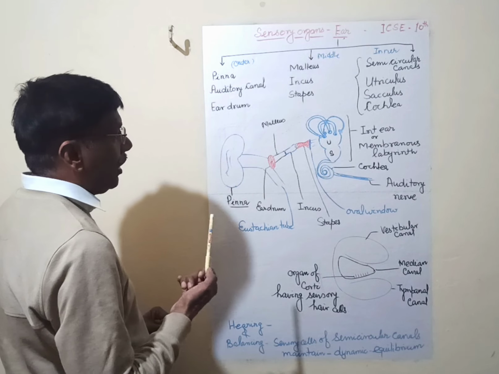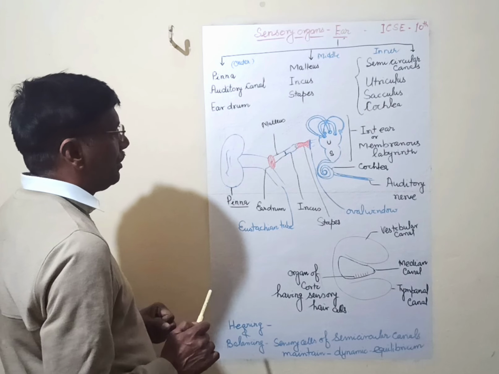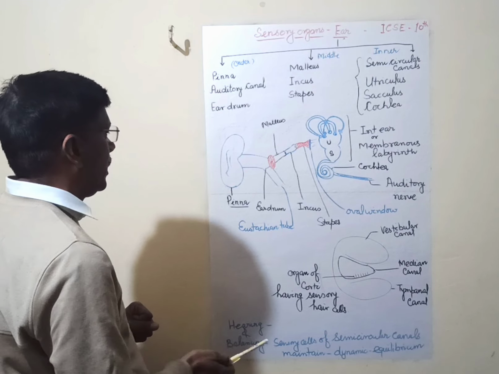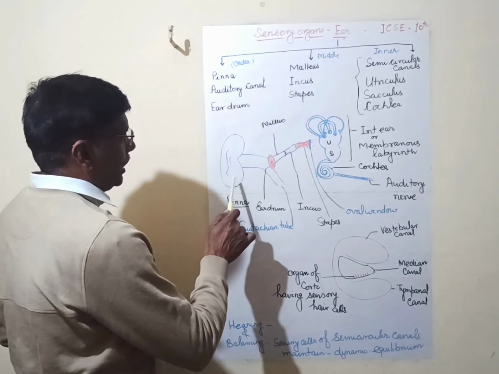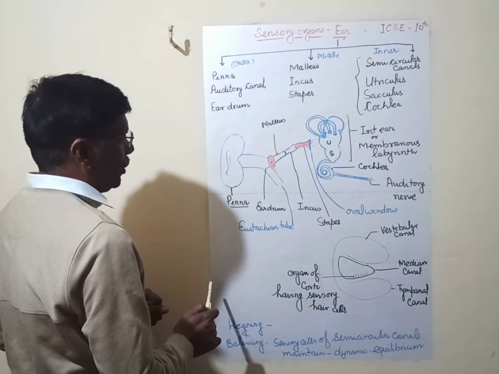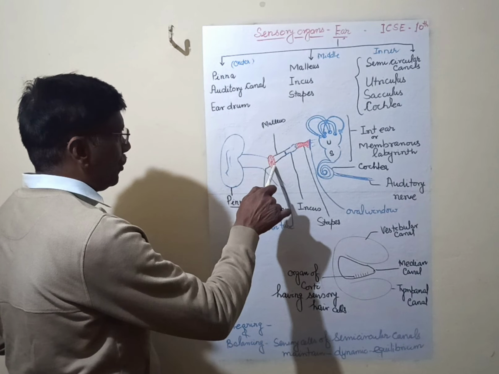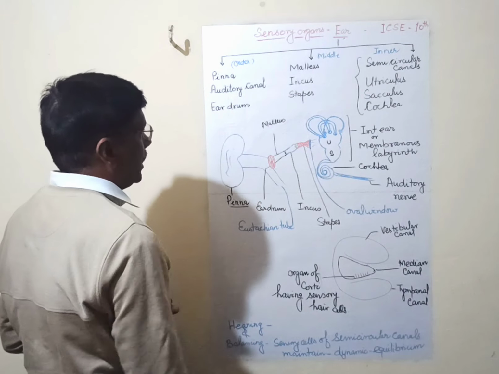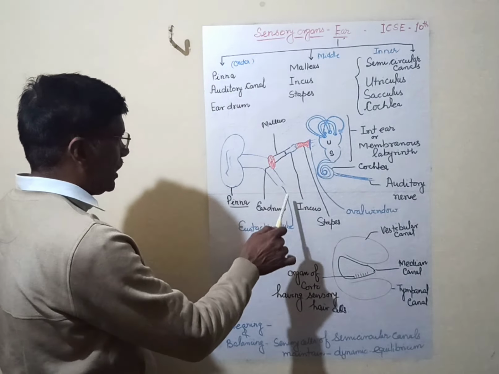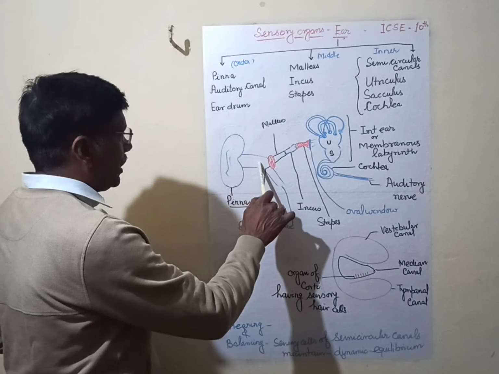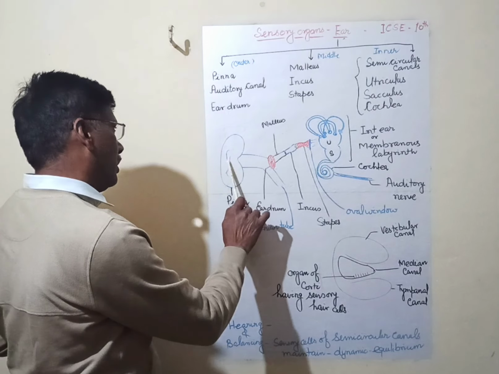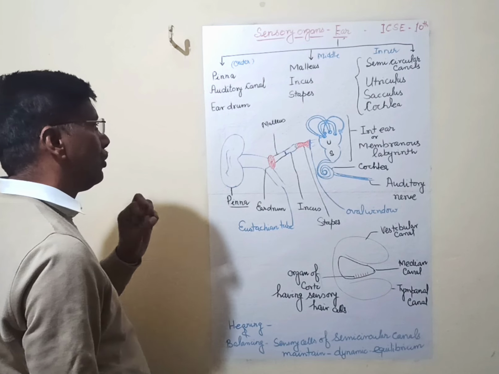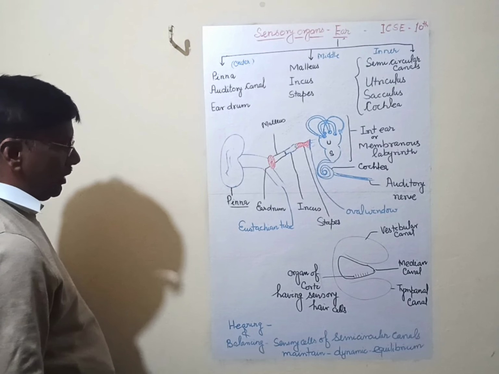So our mouth all of a sudden opens when the sound waves of this big sound reach the ear. Nature has given a device. Otherwise, our eardrum would have been lost. So for safety, nature has given the Eustachian tube. These sound waves come from this side and reach the Eustachian tube. Our mouth opens and the pressure of the sound is released.